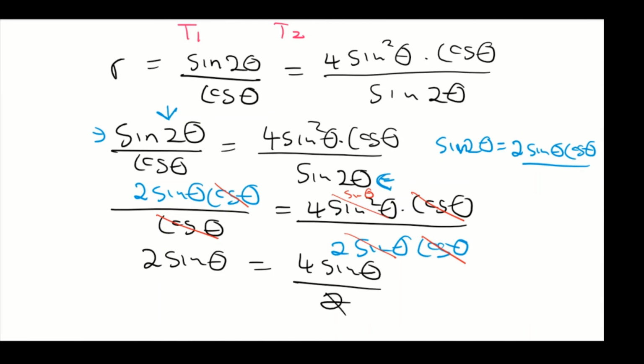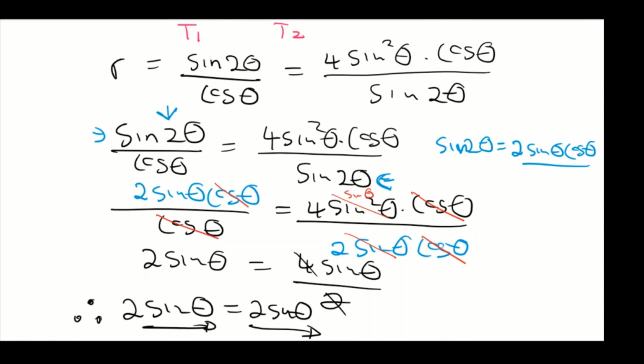So the 4 will divide by the 2, therefore our final solution is 2 sine theta equals 2 sine theta. So you can see that the left hand side is equal to the right hand side, so the ratio R is actually constant throughout. Therefore the series is definitely geometric.